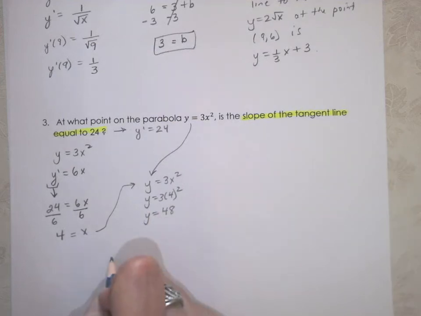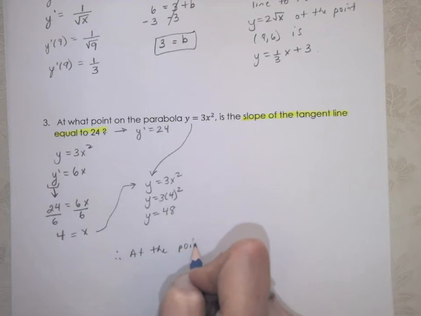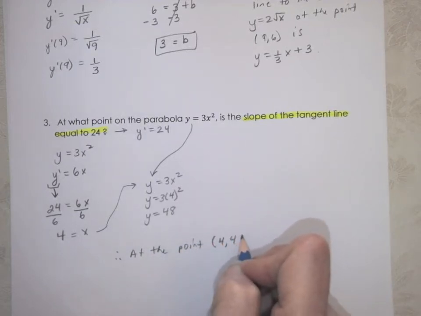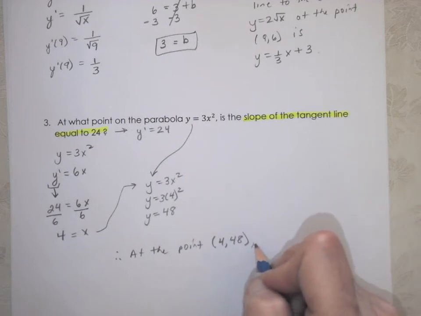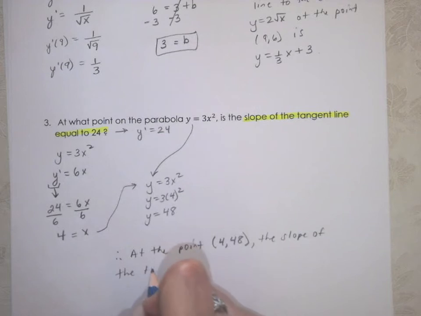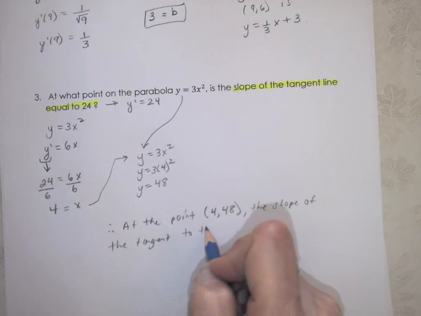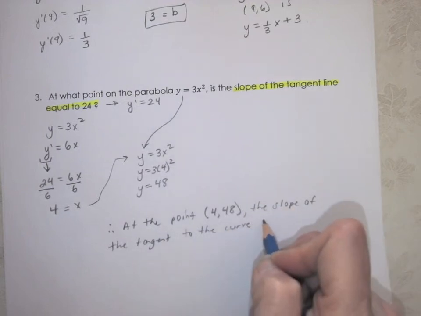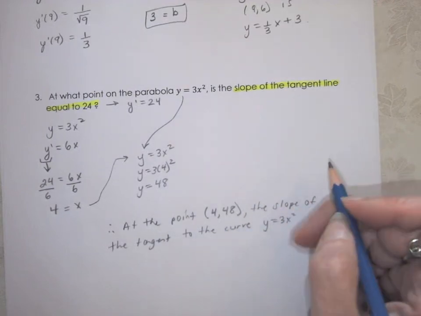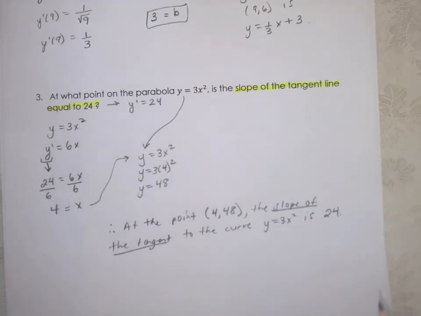So that means, therefore, at the point 4, 48 the slope of the tangent to the curve y equals 3x squared is 24. So the slope of the tangent is 24 at the point 4, 48 on the graph of y equals 3x squared.